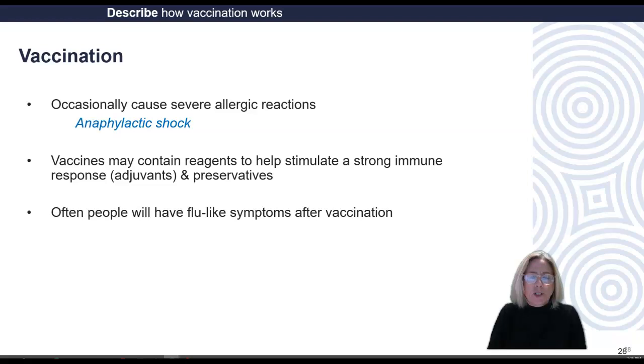These are called adjuvants, and preservatives as well. More often than not, the allergic reaction is occurring to something in the preservative rather than to the antigen itself. Often people will have flu-like symptoms after vaccination, and that is perfectly natural, and that's a good thing because it's stimulating your immune response.